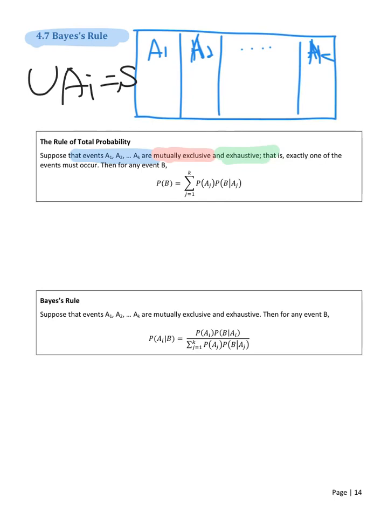What I'm saying is we can partition all of the sample space. Please look at the Venn diagram.